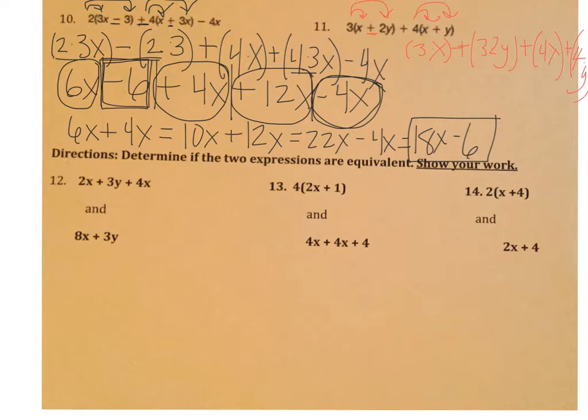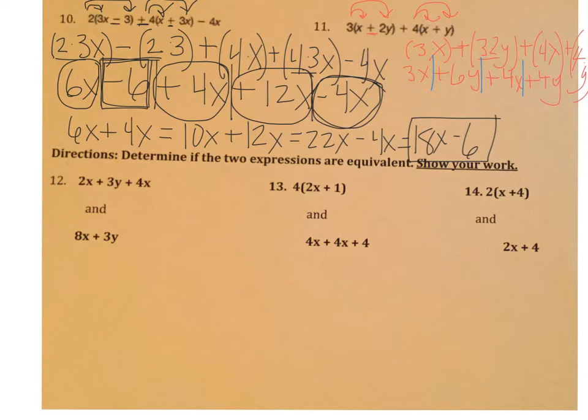All right, so let's go ahead and multiply if we can. So 3x is going to stay 3x, plus 3 times 2 will give me 6, so 6y, plus 4x plus 4y. So let's go ahead and combine our like terms. So to the left, to the left.